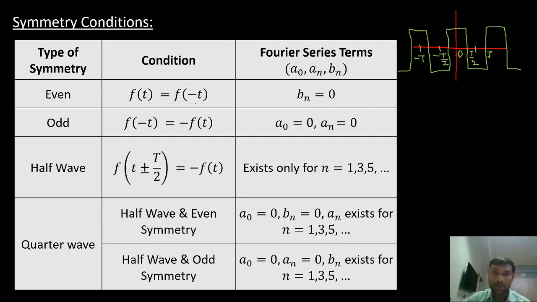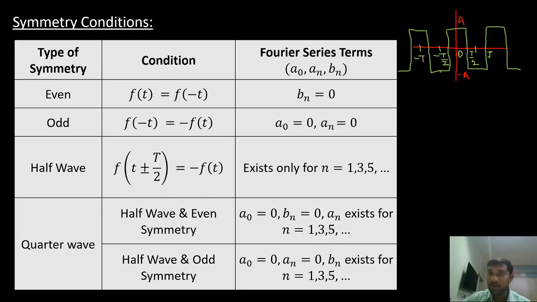f of t is equal to f of minus t. So if I say at t equal to T by 2, what is the value here? Let us say it is minus A. At t equal to T by 2, the value is minus A. What is the value at t equal to minus T by 2?